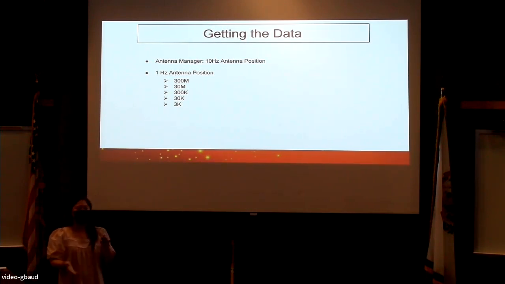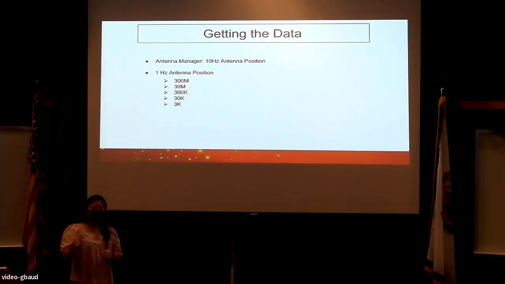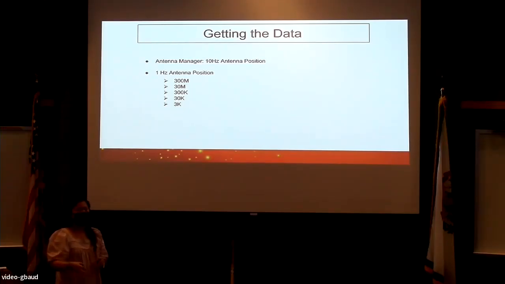Tom took all of these files from the past 20 years and sampled them at 1 Hertz. That means he took one antenna position every 1 second for the past 20 years, which came out to around 300 million antenna positions. From there, we down sampled into 300K, 30K, 3K. For the majority of my project, I work with a 300K subsample, and occasionally a 3K subsample.